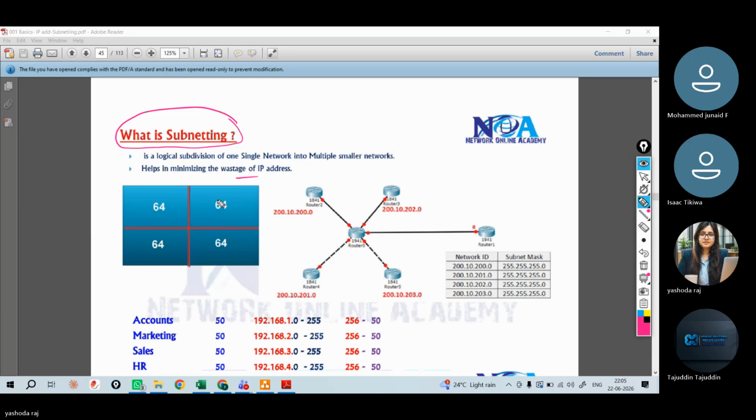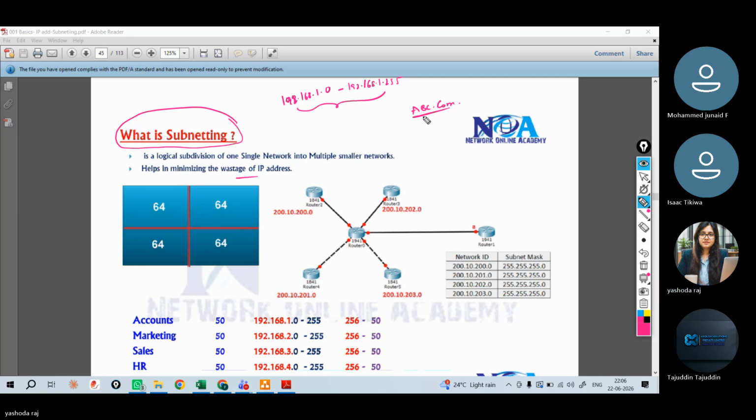Clear? Yeah, clear. So now what we are going to do? As we know, if I start from 192.168.1.0, the last IP is 192.168.1.255. This was the IP addresses. Let me say I am working for abc.com.